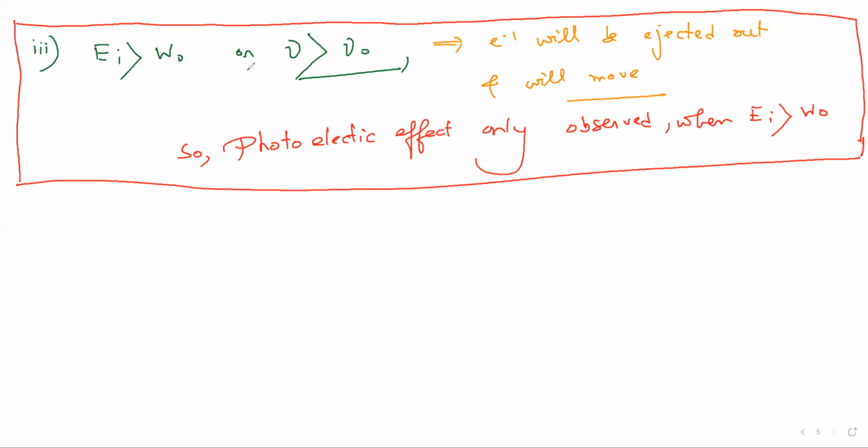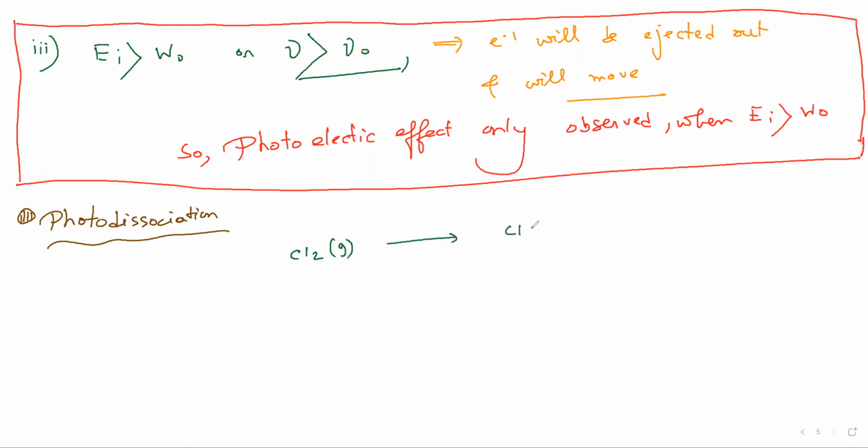Next: what is photo dissociation? Photo dissociation is basically, suppose this one is a bond, Cl2 in gaseous state.